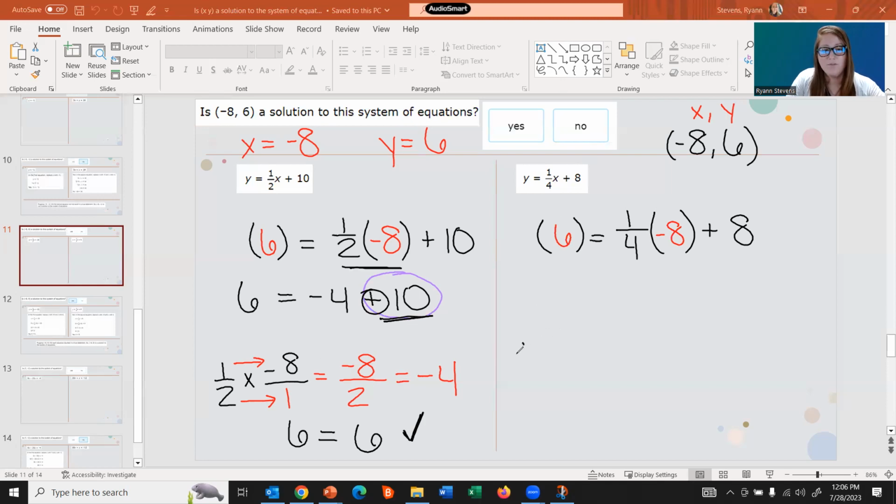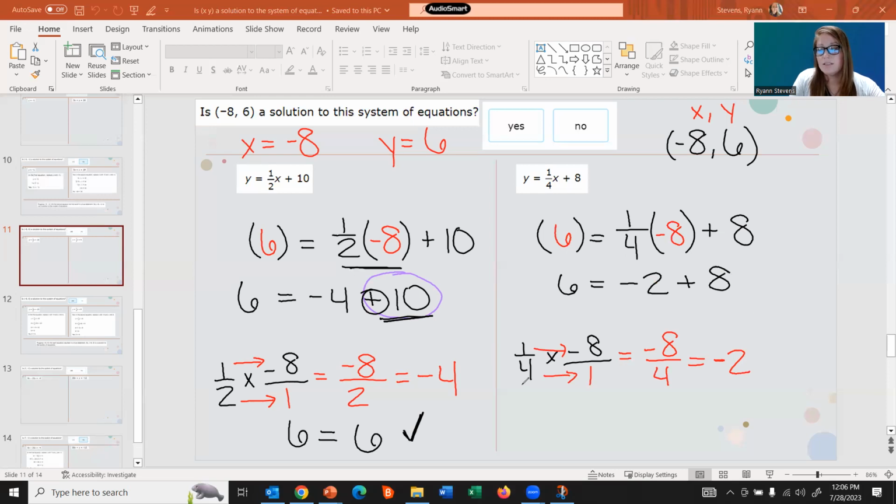We've got a 1/4 times a -8. And we would write this whole number over 1 and just multiply across. Get -8 over 4, and then we could divide and say -8 divided by 4 would give us a -2. So we'd have 6 is equal to -2 plus 8.